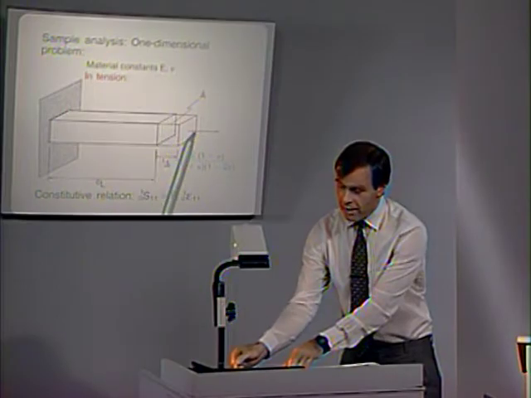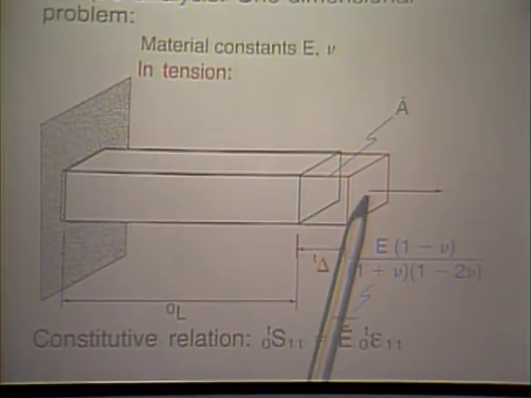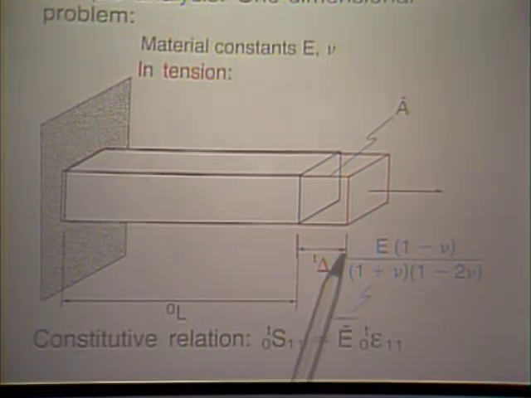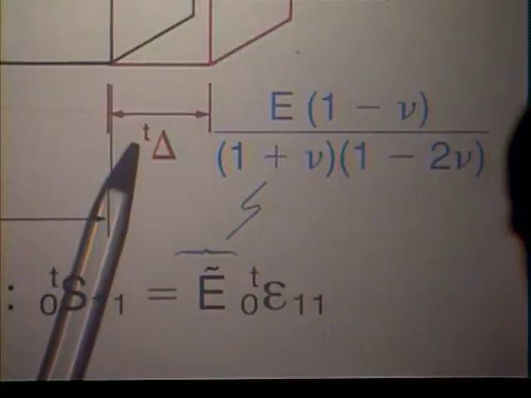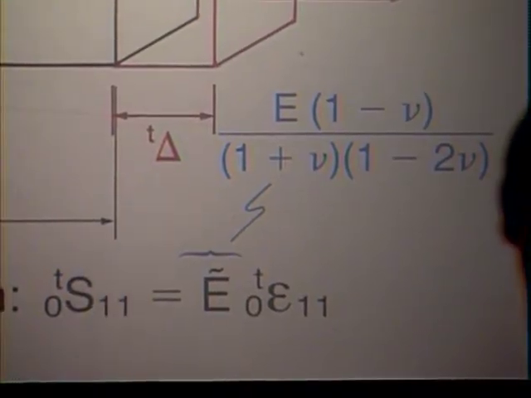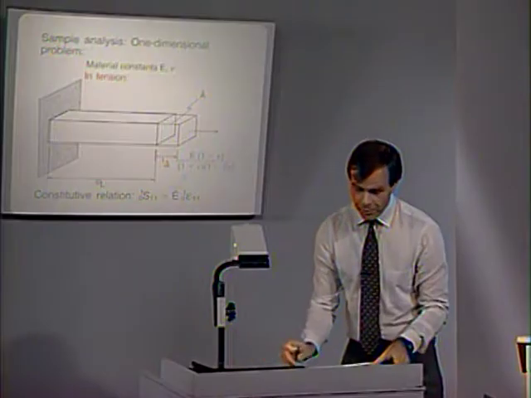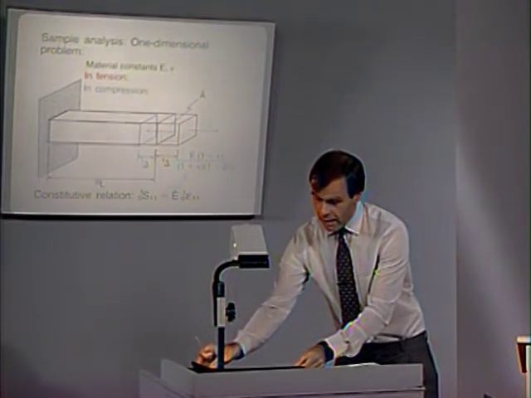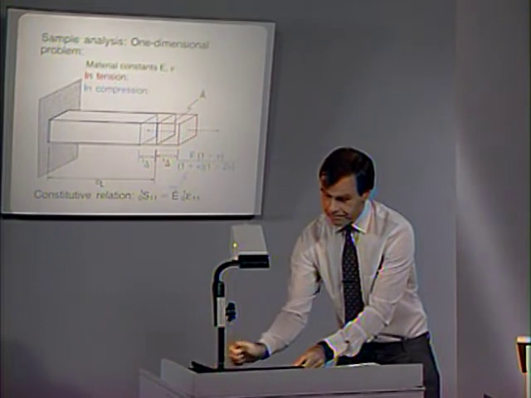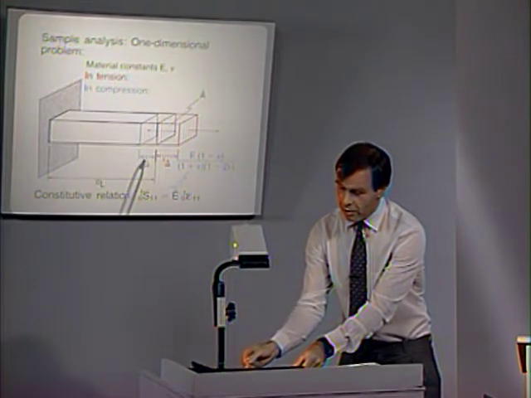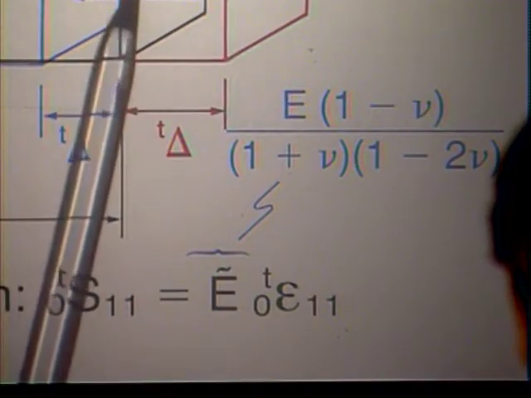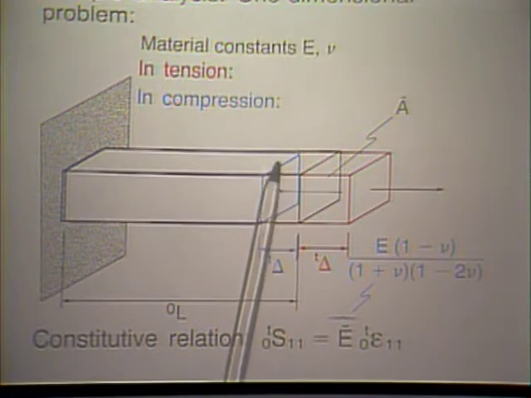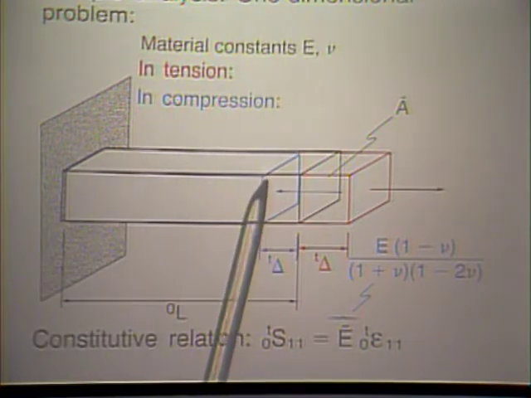Notice the cross-sectional area remains constant, and the displacement is measured as T delta. In compression, the bar would be pushed in as shown here. Notice here now T delta, and the bar has been pushed in as shown by the blue outline.